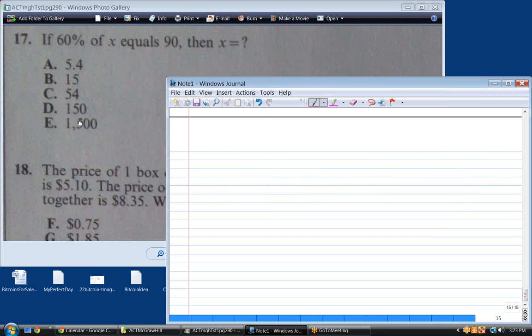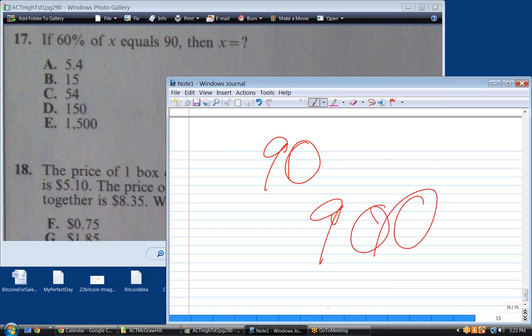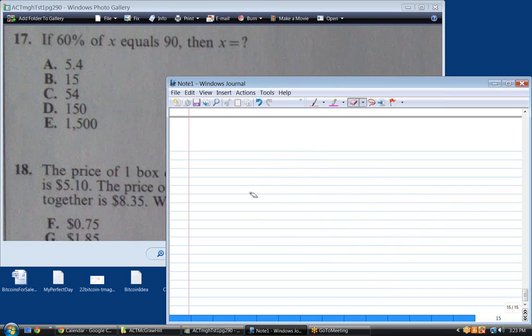Well, you could start this problem right out by saying, what's 60% of 150? You'd have got 90, problem over, done. If you take 60% of 1,500, you're going to get 900, not 90.